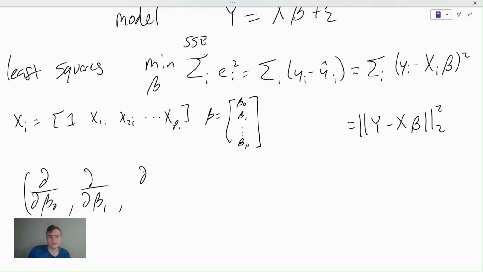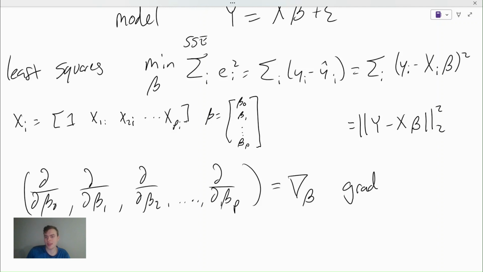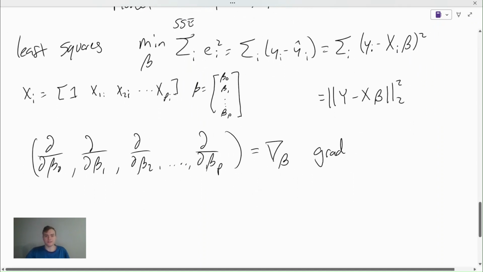So we're also going to look at d beta 2 all the way to d beta p. And putting all these together in a vector, that vector is called the gradient, or grad, with respect to beta, right? So we can take all these derivatives at once.